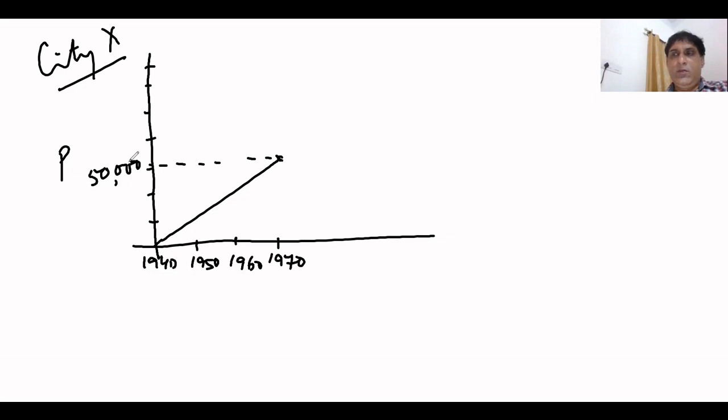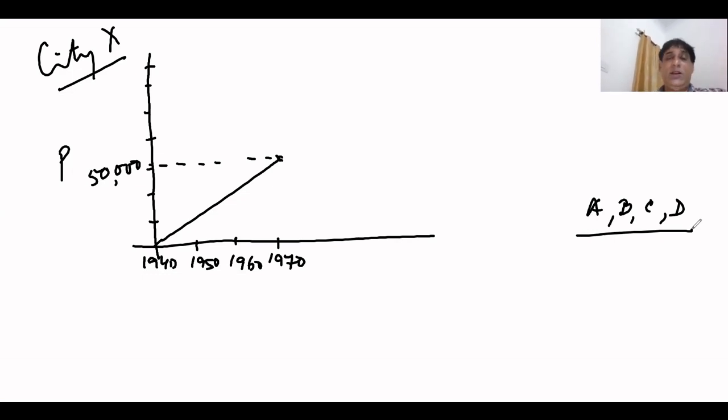So like we found out there were say 4 cities, A, B, C, D, and the growth of city X is following the same pattern as the growth of these cities when they were having a population of 50,000.